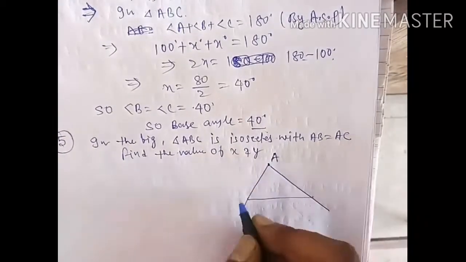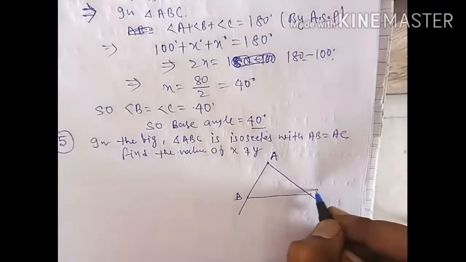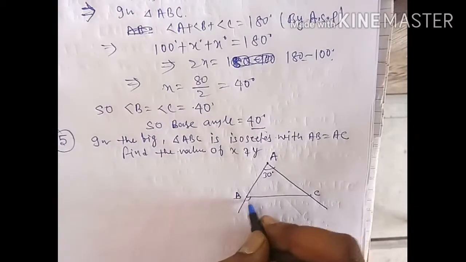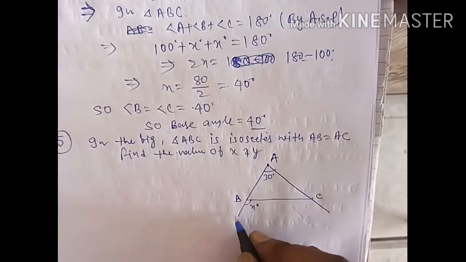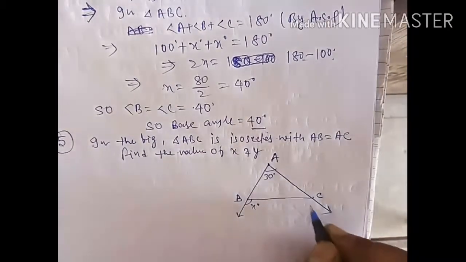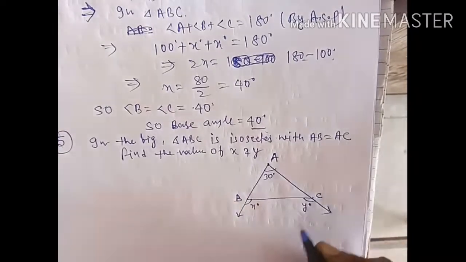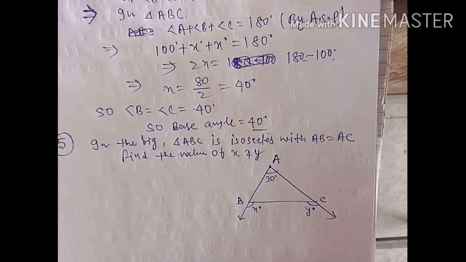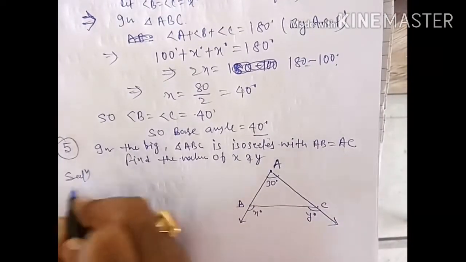This is triangle A, B, C. This angle is 30 degree. This angle is X degree. And this angle is Y degree. You have to find angle A and angle X and angle Y. You have to find the value of X and Y.